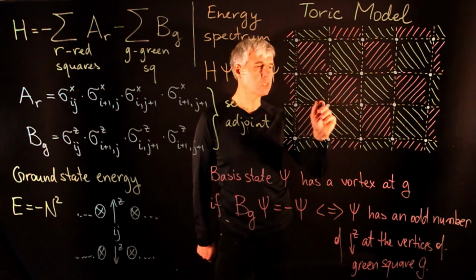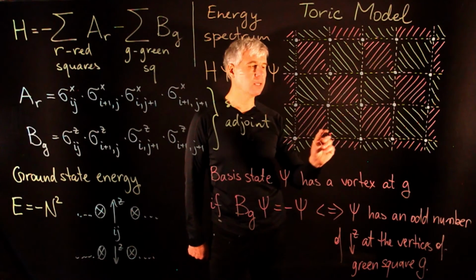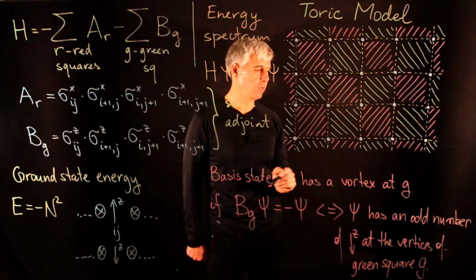Now we take a green square, so there are 4 tensor factors that are attached to the boundary points of this square.